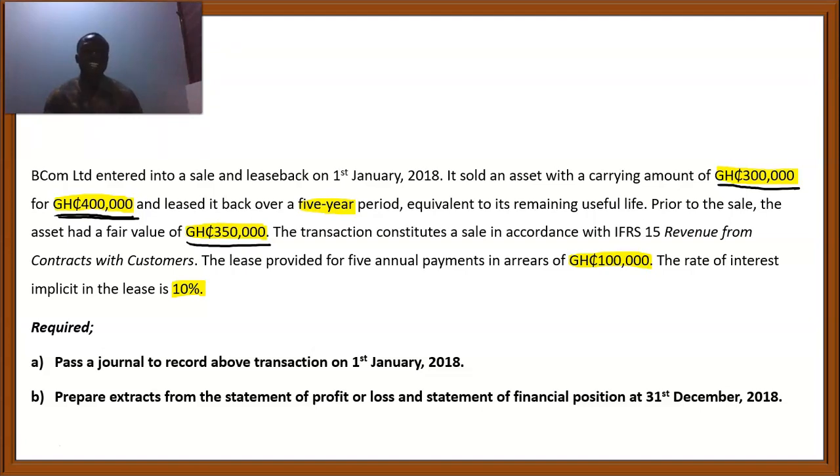This is additional financing in the form of a loan that the buyer-lessor is giving to Become Limited. So we take the sale proceeds minus the fair value.